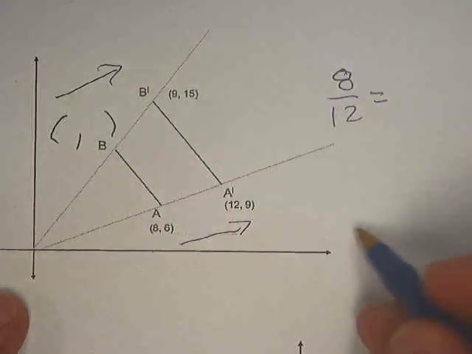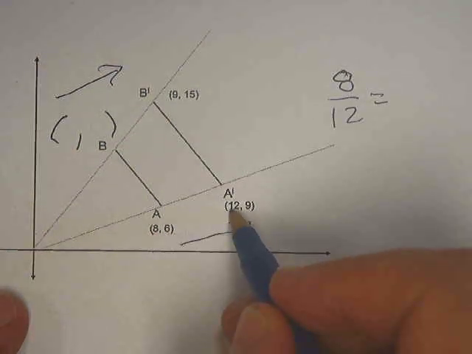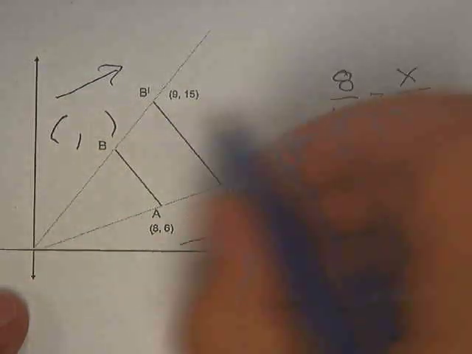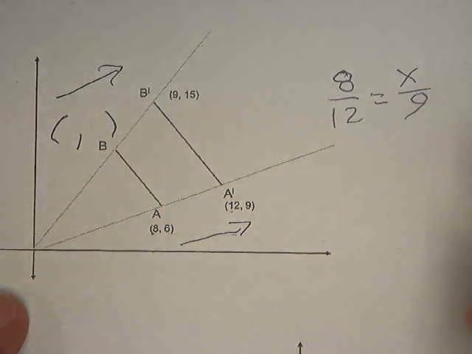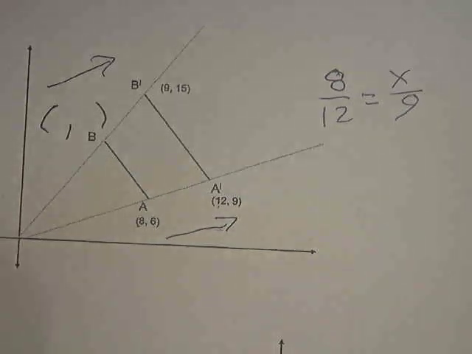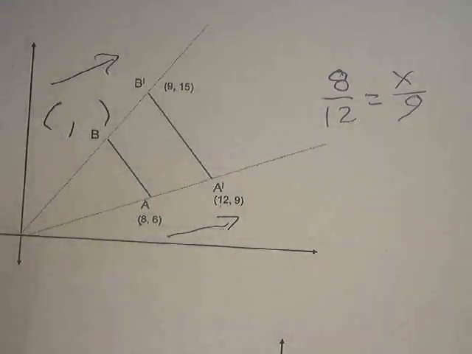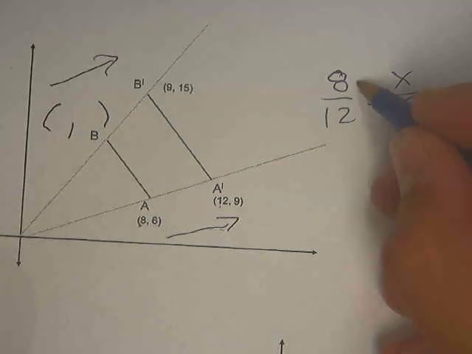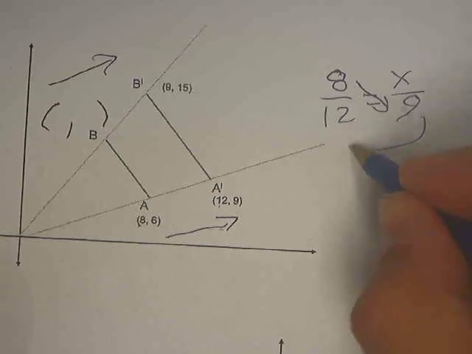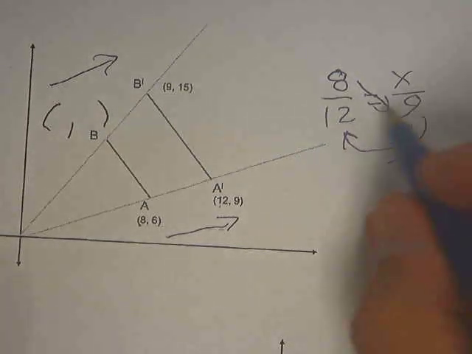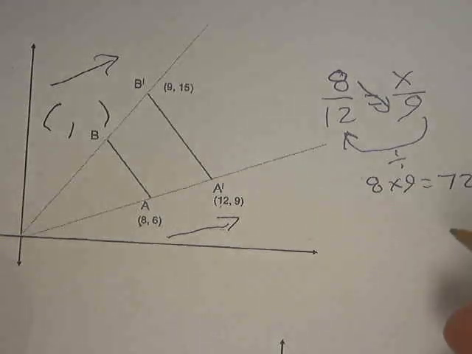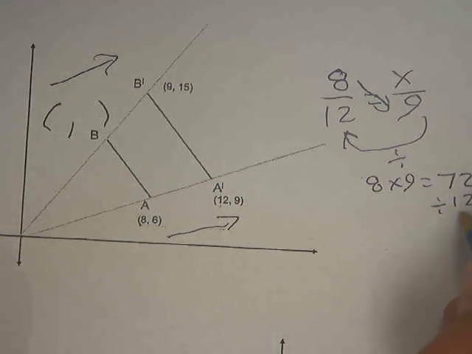So 8 over 12 is equal to x over the first number here, which is 9. That's one way we can solve for a missing number as well. So in order to solve this, you take 8 times 9, and then you divide it by 12. 8 times 9 equals 72, and then I divide that by 12, and I'm going to get 6.